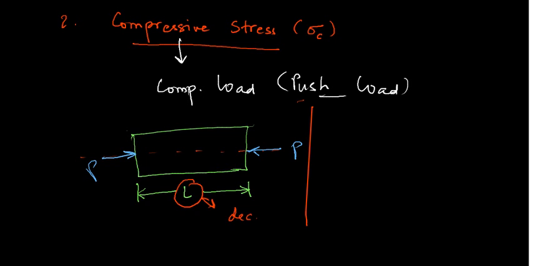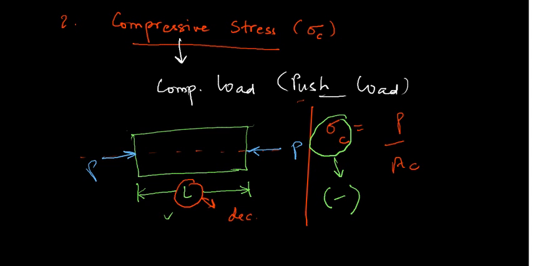Now let's look at the mathematical formula for compressive stress. The mathematical formula is the same, but the only change is that this value sigma C is taken to be a negative stress value, because the length is decreasing. If something decreases, we tend to treat it as something which is not good, negative.